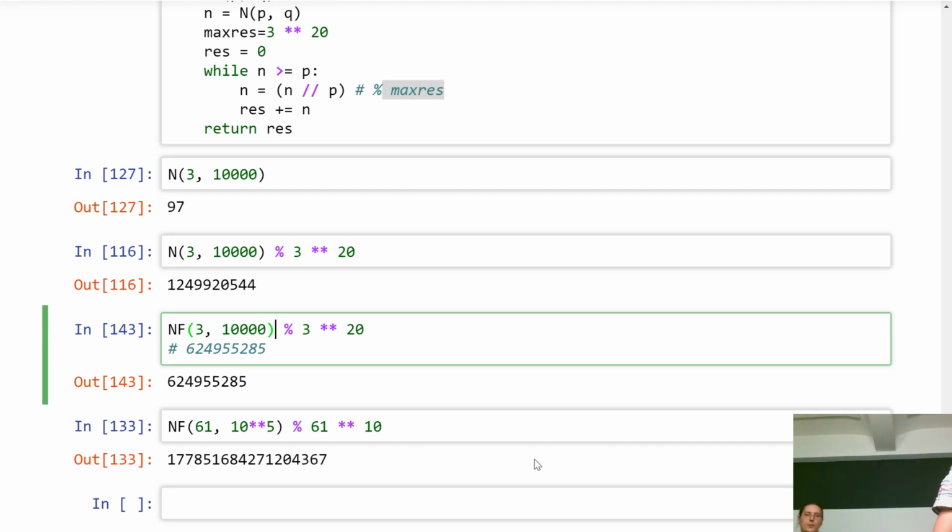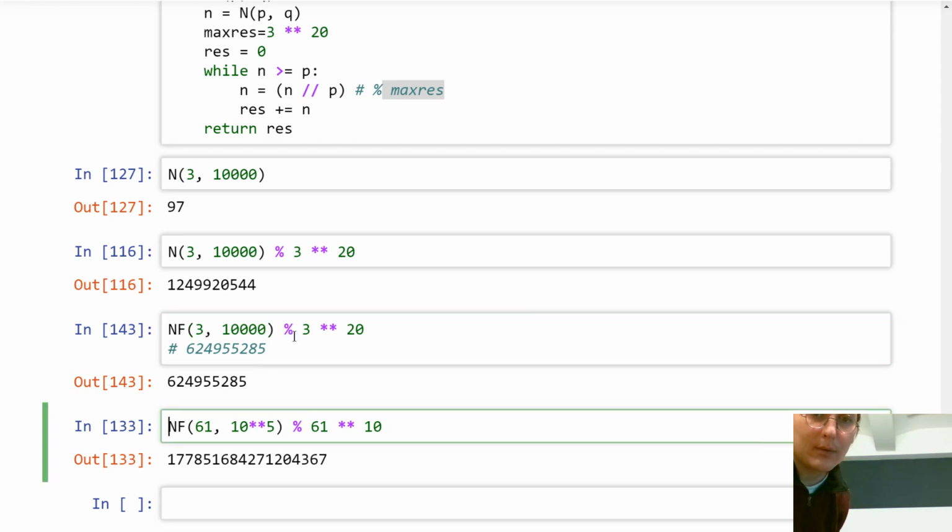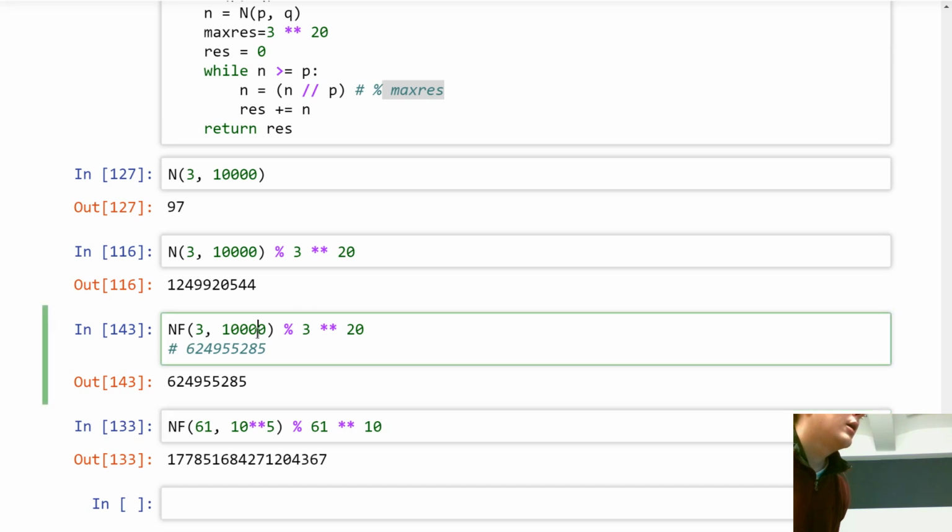What is the number? This one. Just want the value of NF. The value of NF, yes, without doing the math. Okay, it will be meaninglessly big.